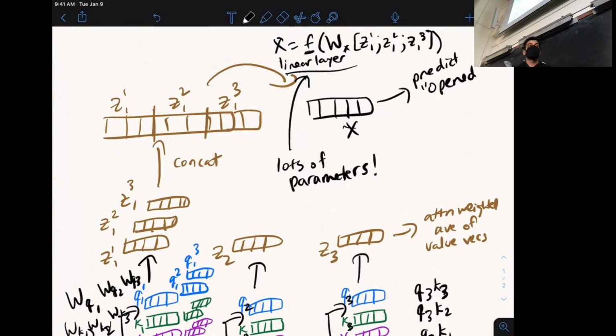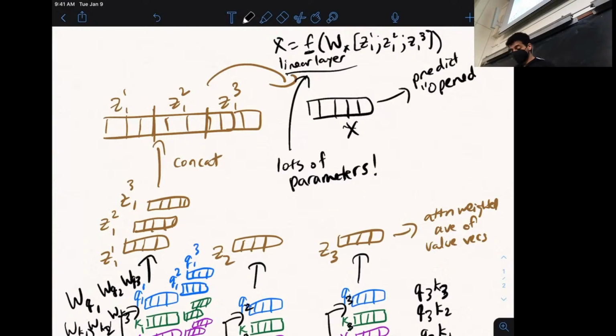Okay, is there more? Yes. Rather than concatenating, why not consider Z1, Z2, Z3 as one blob and pass it through a CNN layer rather than a linear layer to reduce the parameters? So the question is, why do we concat and then feed forward? Why don't we use any other composition method?